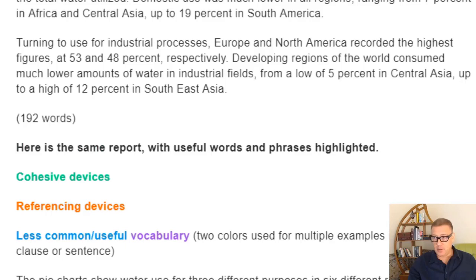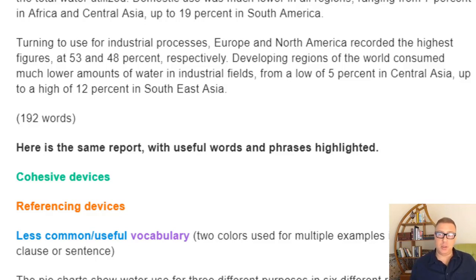Okay, so if you scroll down, you'll see a different second version with cohesive devices, referencing devices, less common or useful vocabulary that you can have a look at. So I went over a bit of what that means in the past lessons. So have a look at that to see some examples of that. This is essentially the same, in both Task 1 courses and the Task 2 course, where this type of vocabulary is highlighted to show you examples of it.